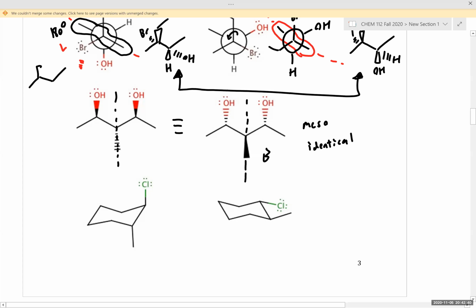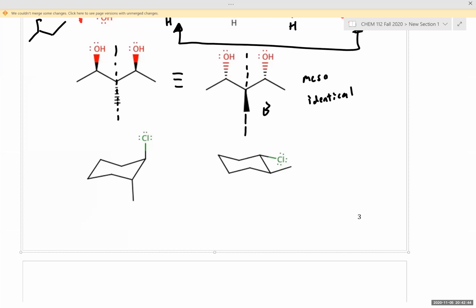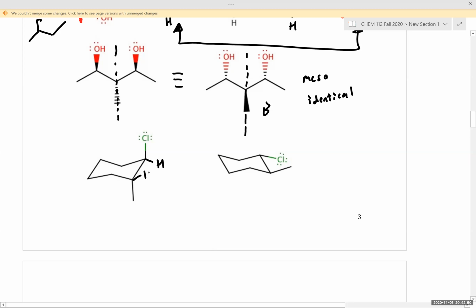Okay, let's look at this last example. Cyclohexane stereochemistry. Okay, the fastest way to do this is just to convert these structures into dash wedge notation. So is this chloride pointing up or down? Up, yep. Is the methyl pointing up or down?